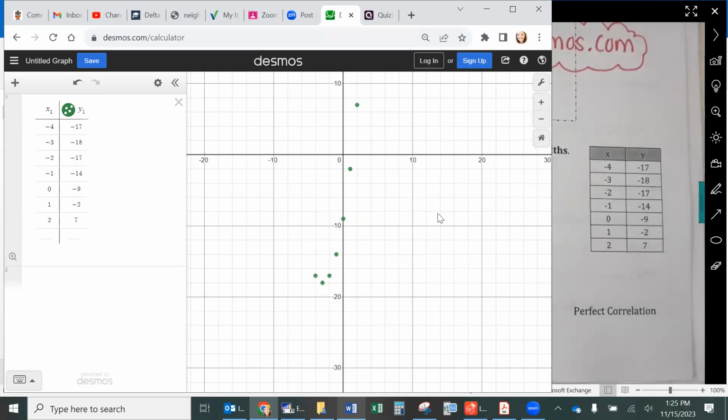All right, so you're in Desmos, opening up your chart, and typing in your numbers, please. They're the same numbers as on number 1.